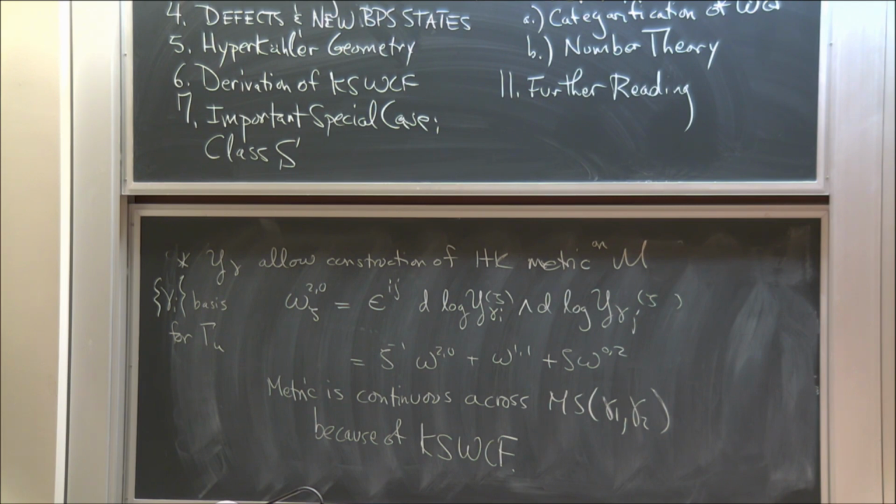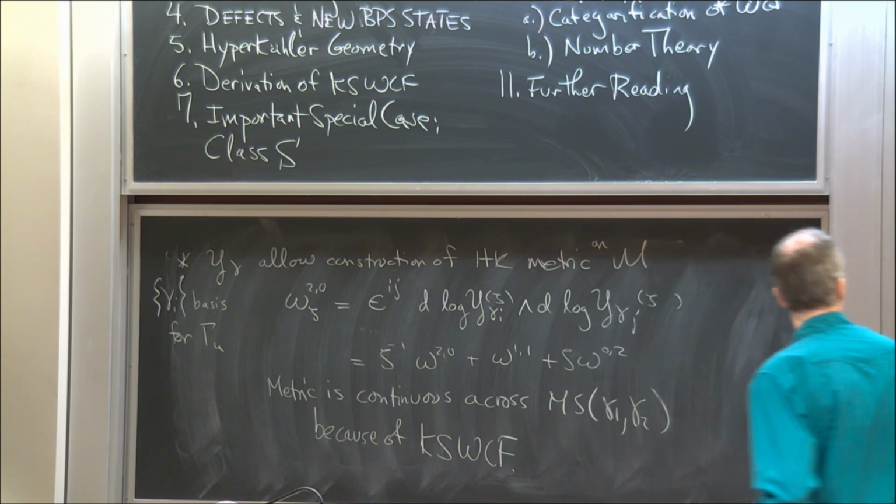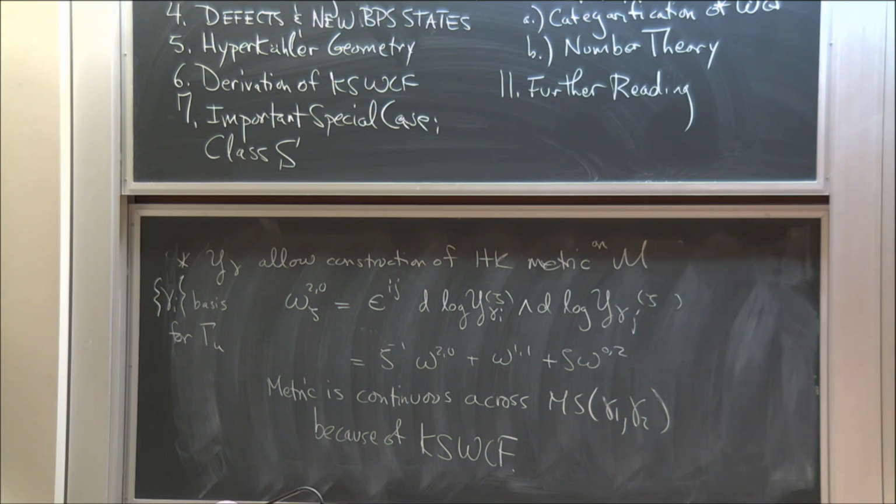So you see, these degeneracies are jumping across walls of marginal stability, so this integral equation is changing in complicated ways, and you would think, uh-oh, that's going to make this metric that I'm deriving discontinuous. And the magic of the KS wall-crossing formula is that, in fact, it's a continuous metric.